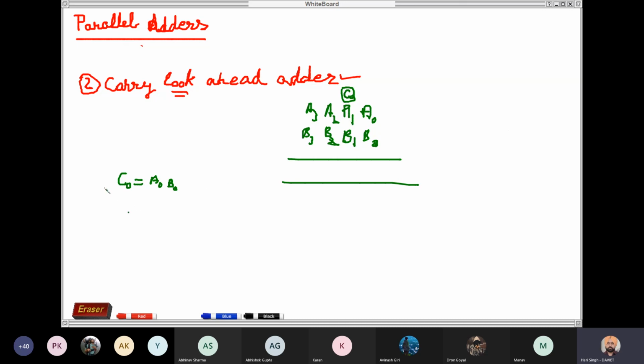Next carry, C1. It will be 1 if both A1 and C0 are 1, or A1 and B1 are 1, or B1 and C0 are 1.